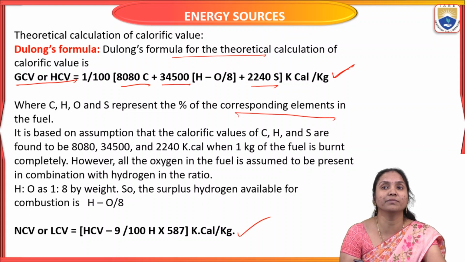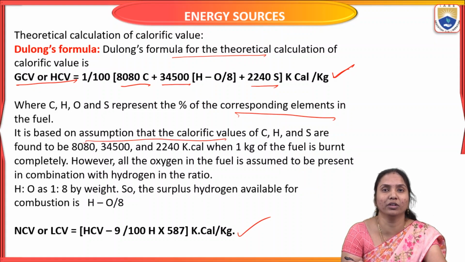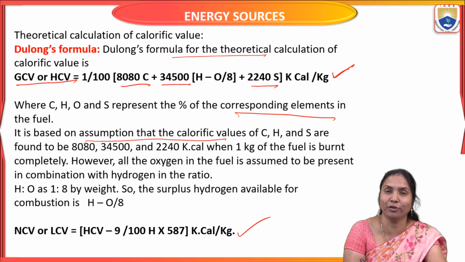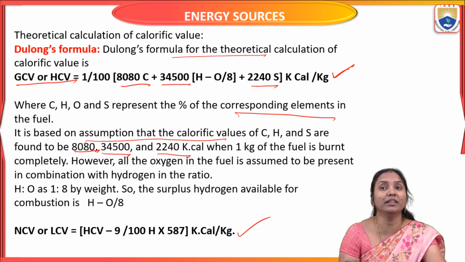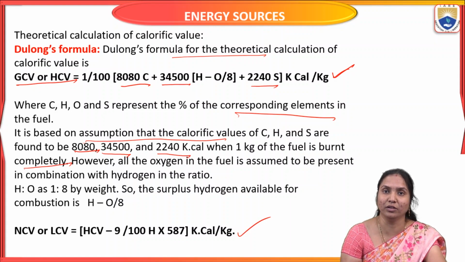It is based on the assumption that the calorific values of carbon, hydrogen and sulfur are 8080, 34,500 and 2240 kilocalories respectively when 1 kg of fuel is burnt completely.